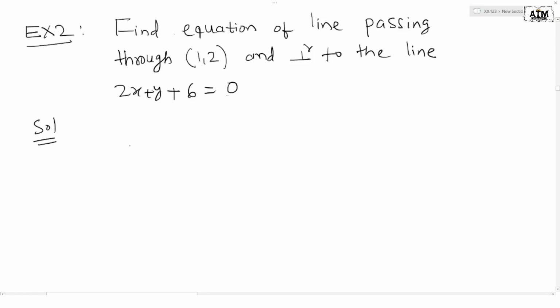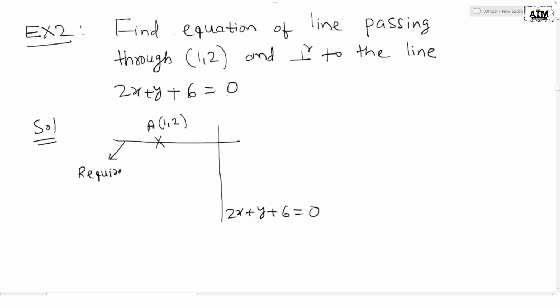Let us call this the required line, passing through the point A(1, 2), and it is perpendicular to the other line, 2x plus y plus 6 equals 0, which is the given line.